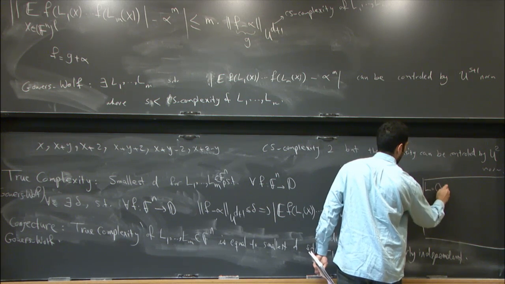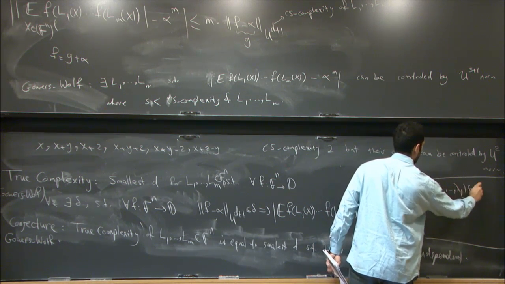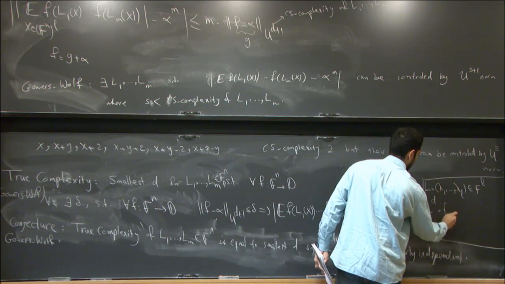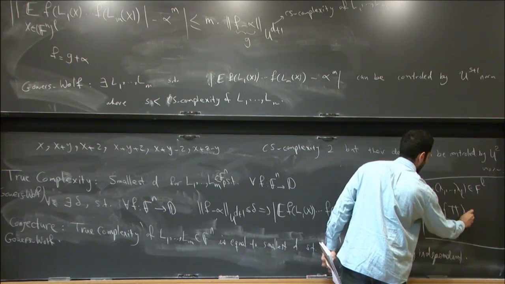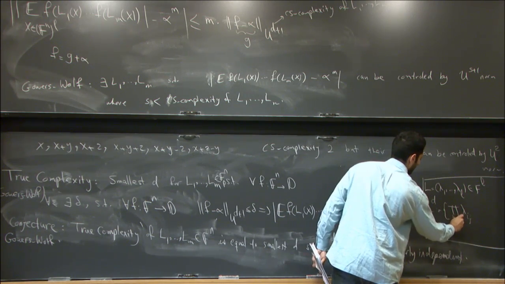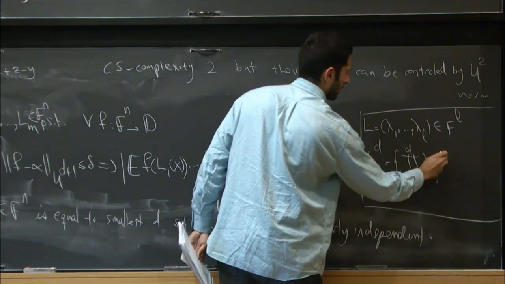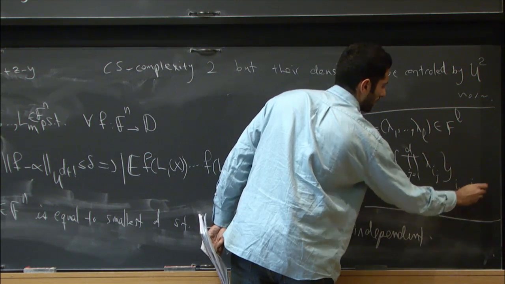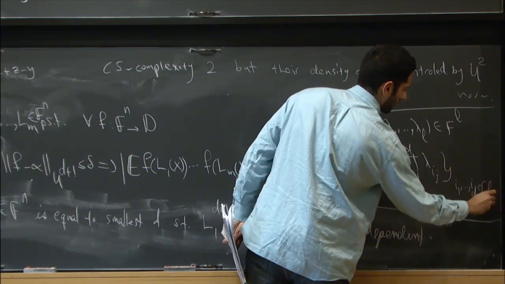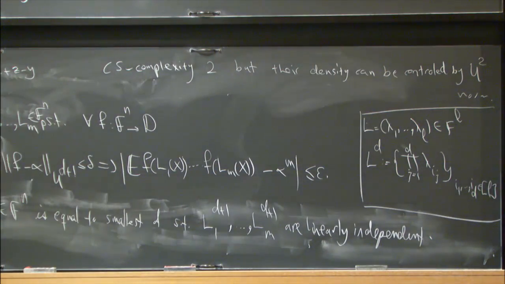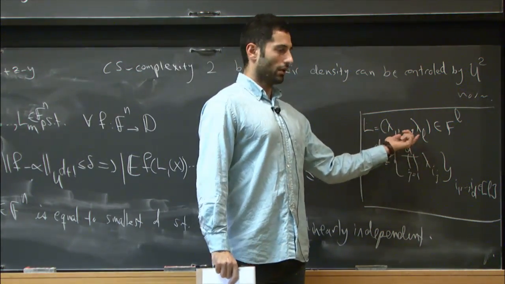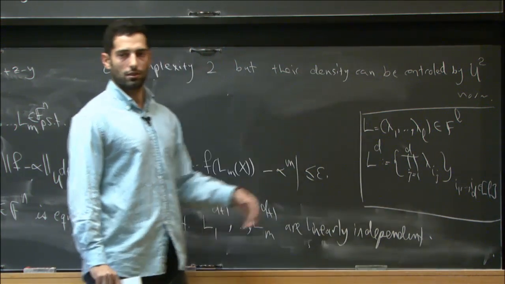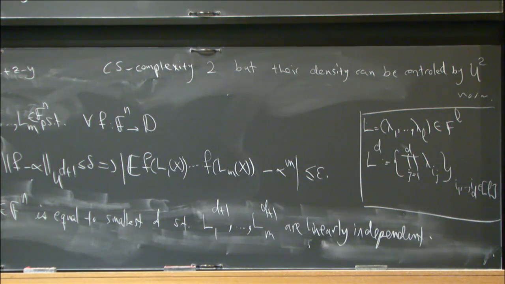If L is lambda 1 up to lambda L in F to the L, the dth tensor power of it we define to be the product of lambda i_j, j going from 1 up to d, for all i_1 up to i_d in L. So you basically pick any collection of d entries from lambda 1 up to lambda L, and you take the product. So this will have L to the d dimension.